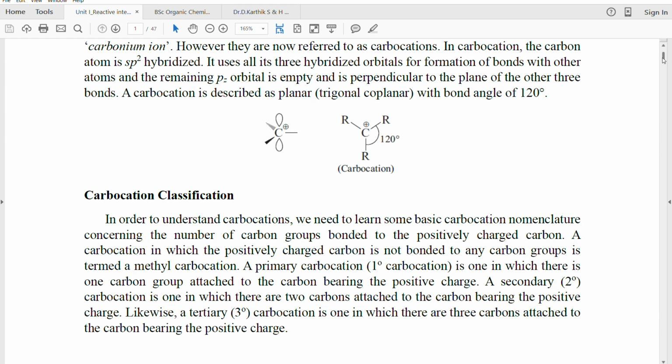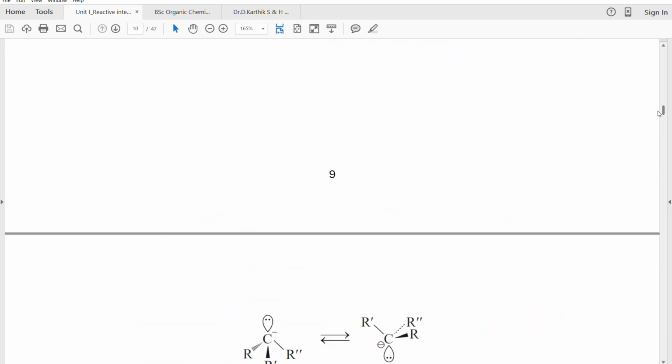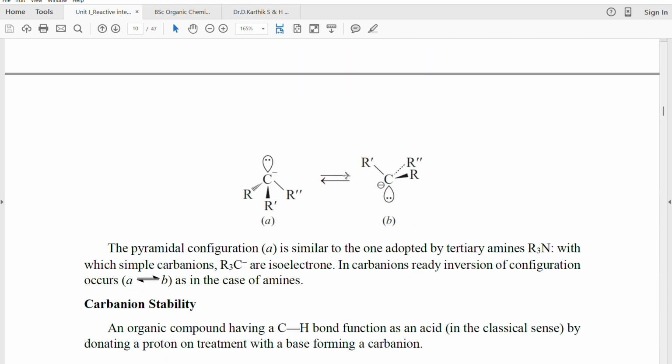But in the sp3 carbanion, you see the structure, it has a negative charge, which means it carries a lone pair of electrons, an unshared pair on the carbon. Two electrons are on the carbon atom.